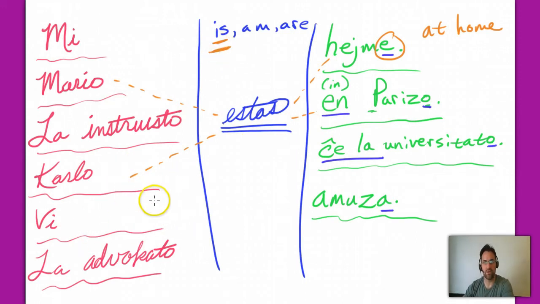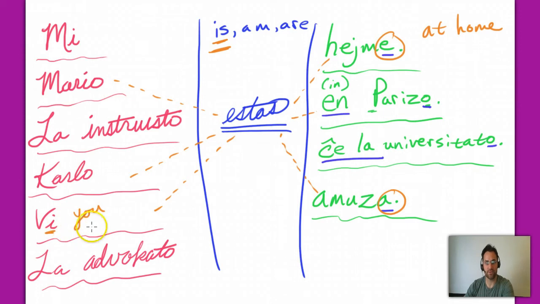Now we can see vi. This is one of those nouns that are kind of exceptions. It's not vo, it's just vi. Vi estas amuza. You are something amusing. Amuza, we're modifying the noun.